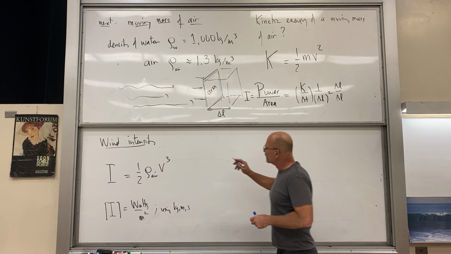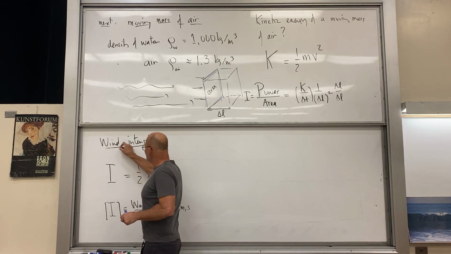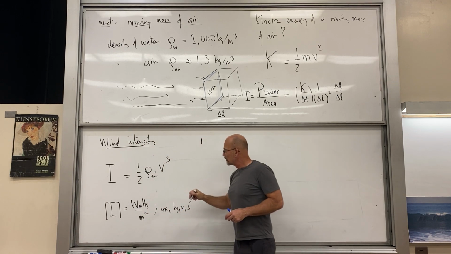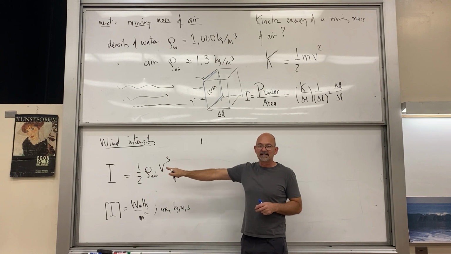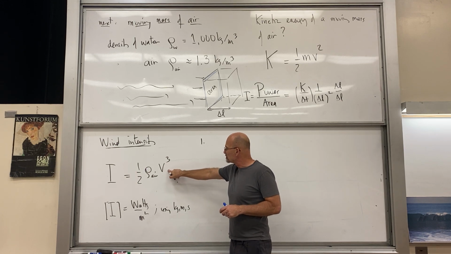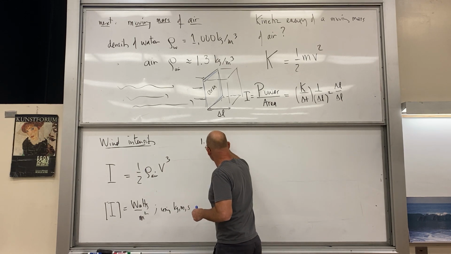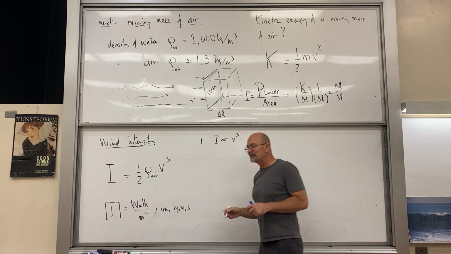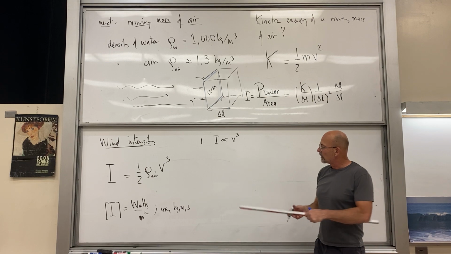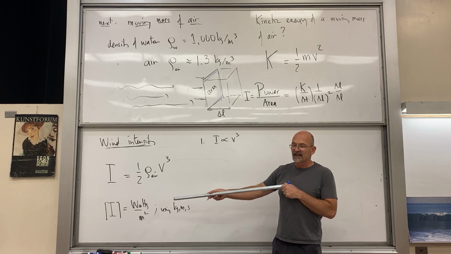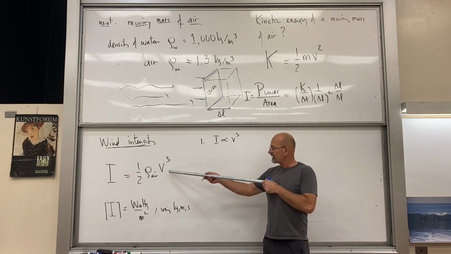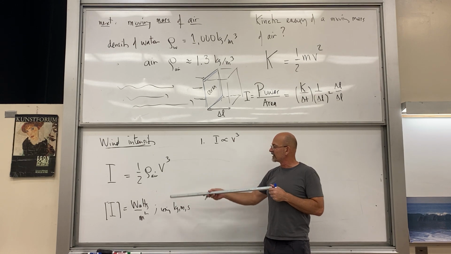Okay, two things to say about this wind intensity. The first thing has to do with how sensitive it is to the speed. So a cubic relation, so I proportional to V cubed. What does that mean? Suppose we had a speed we're going to calculate with 10 meters per second, okay? 10 cubed is 1,000.